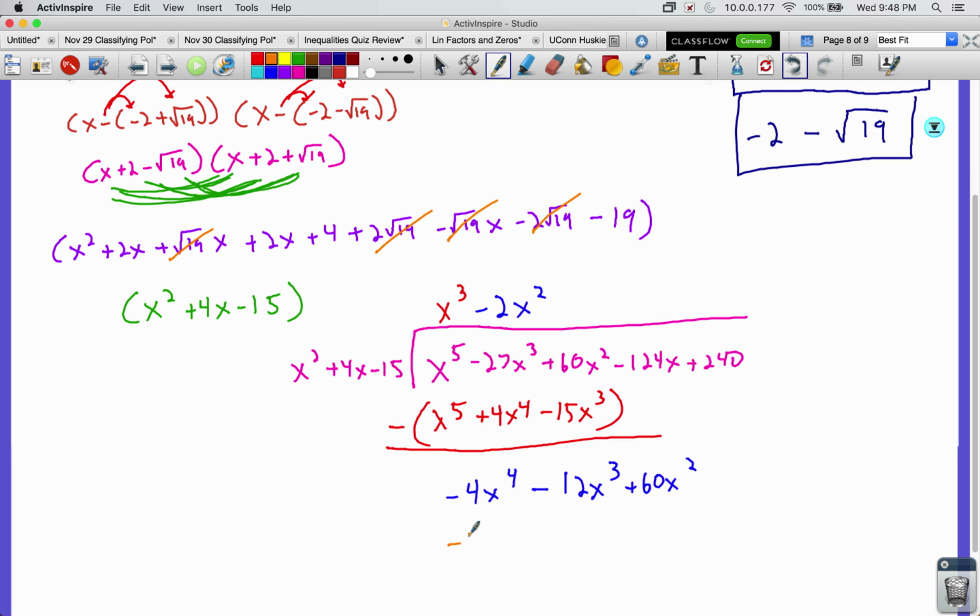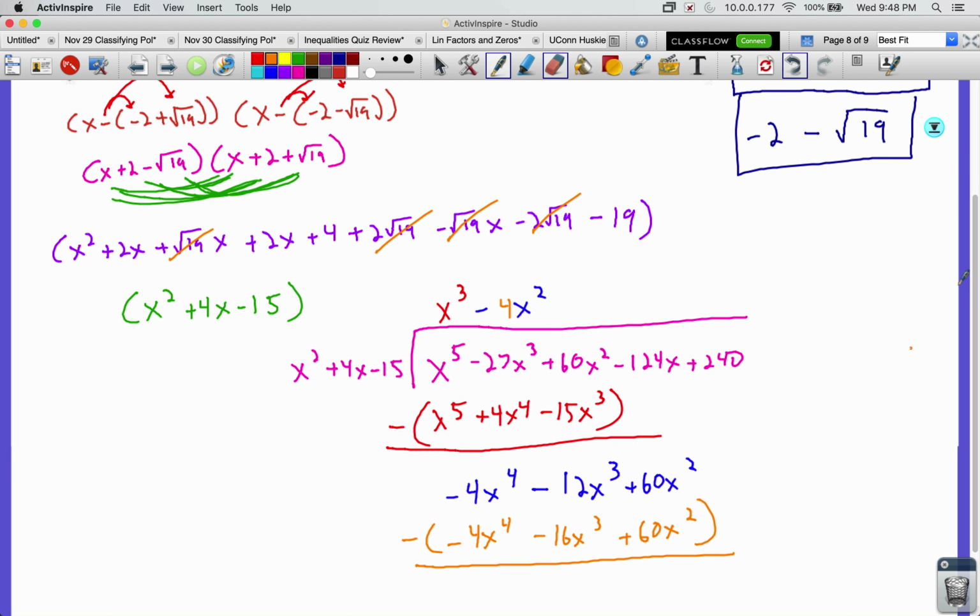Not a minus 2x, it's going to be a minus 4x. For some reason I was seeing a 2 for it to combine with. So minus 4x, we get a negative 4x to the fourth minus 16x cubed plus 60x squared.